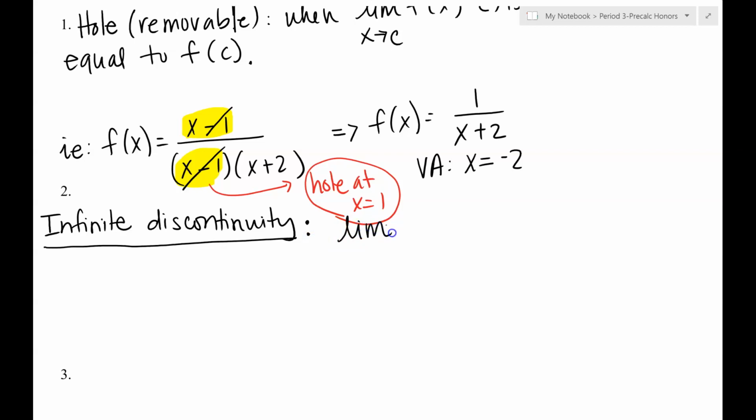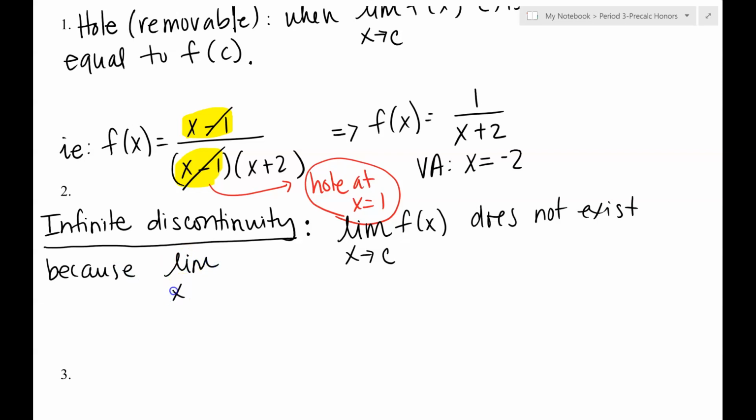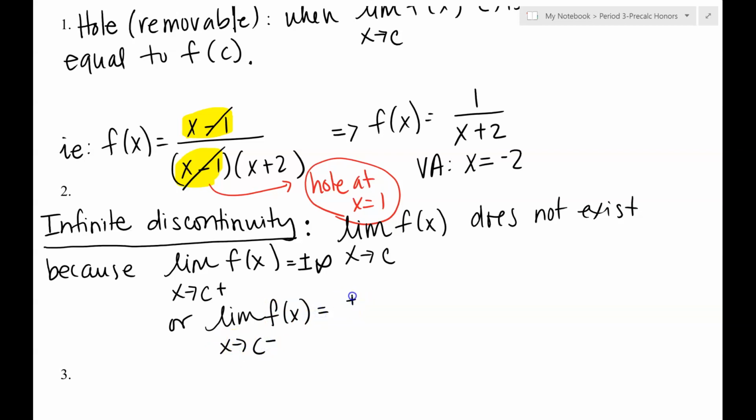So the definition is when the limit as x approaches c of your function does not exist because the limit as x approaches c from the right of your function equals either positive or negative infinity, or the limit of f of x as x approaches c from the left can also be positive or negative infinity.